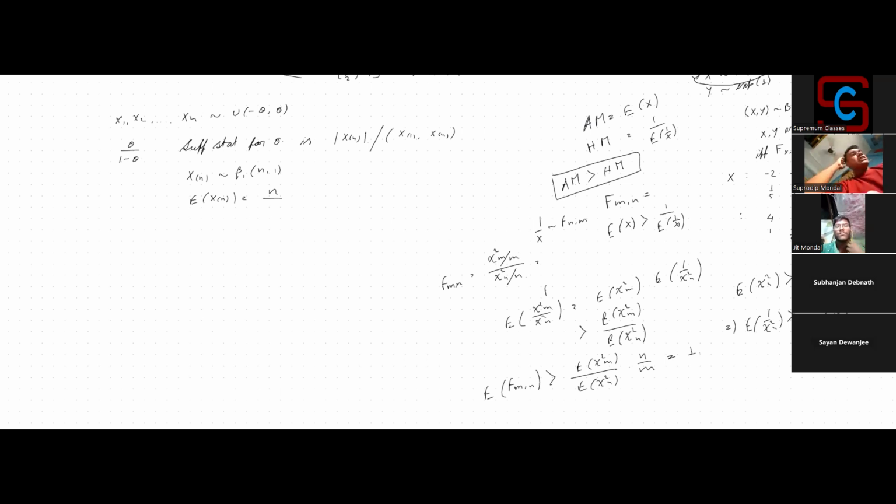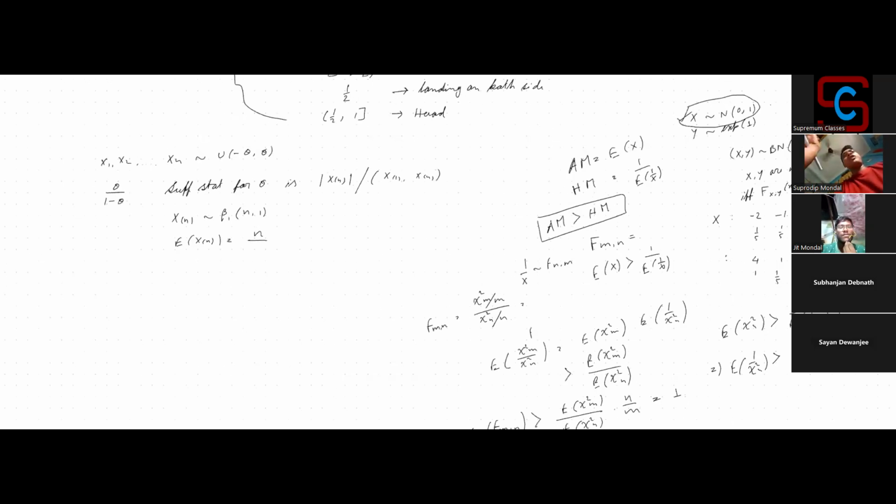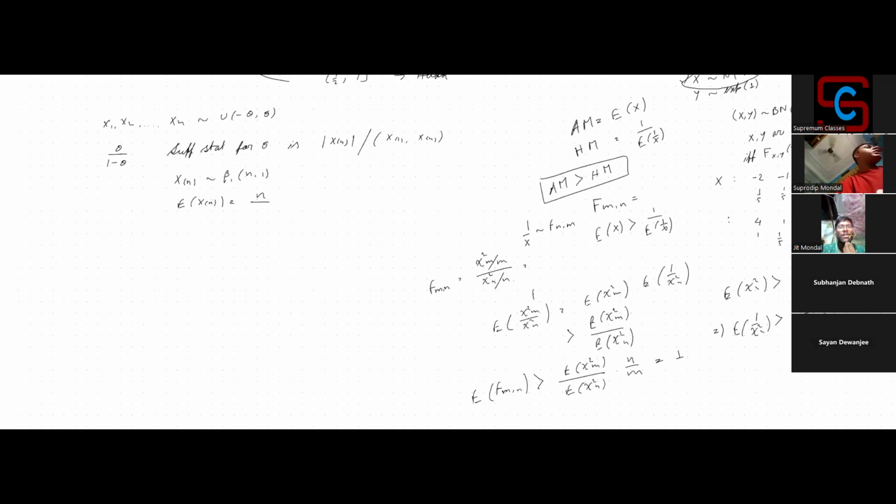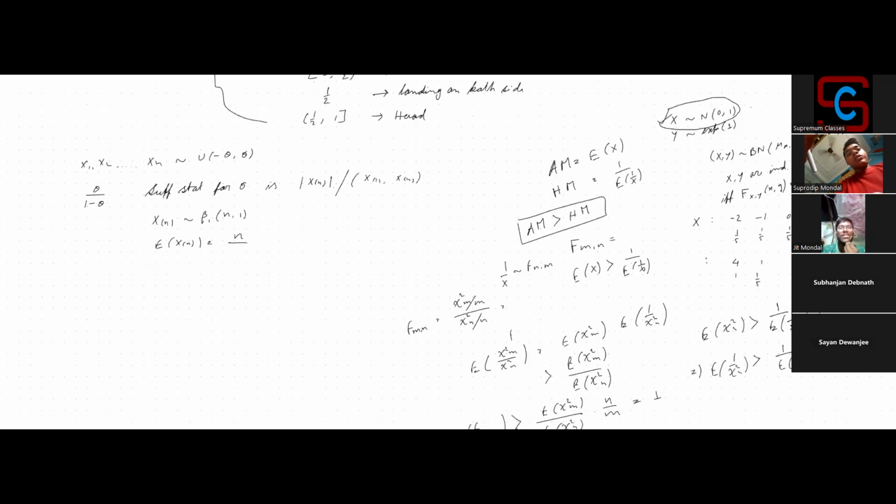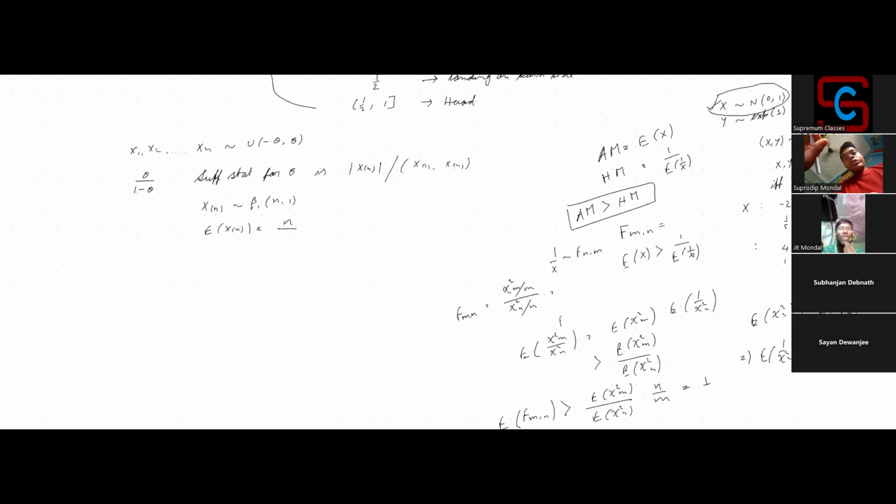Actually, I forgot how to get the UMVUE. I am not in practice, so that's why. Tell me the process basically. The process is the Lehmann-Scheffe theorem.